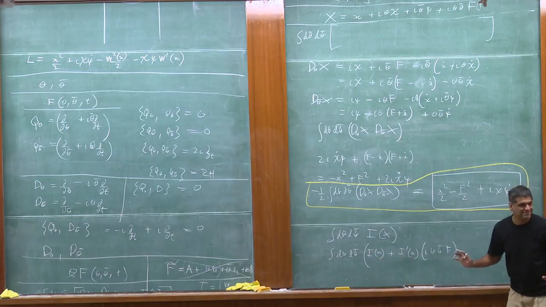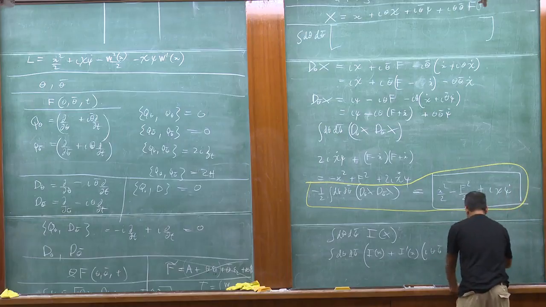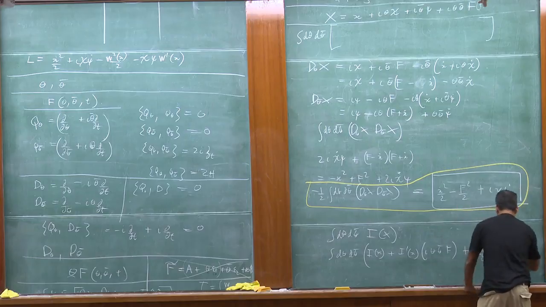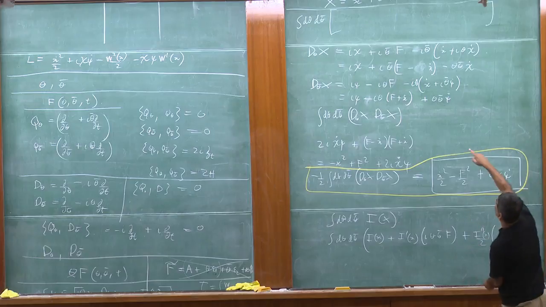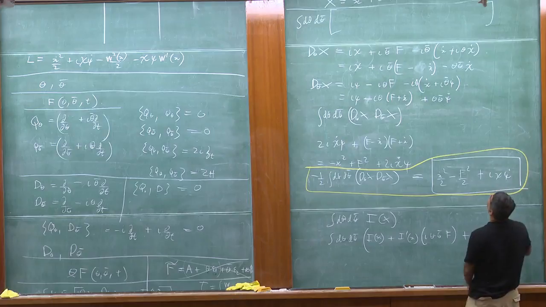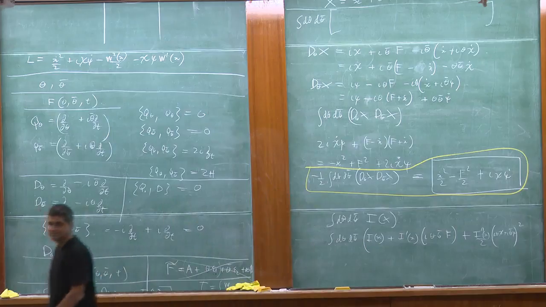That's clear, right? Okay, and then plus there is a second derivative term, which is I double prime of x by 2, and then only those terms that will contribute when we take it to second order, but those are I theta chi plus I theta bar psi, squared. Not all terms in that square will contribute.